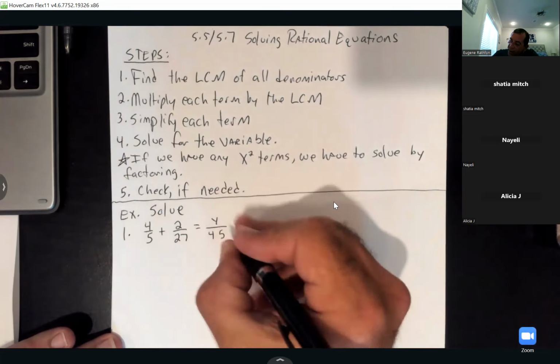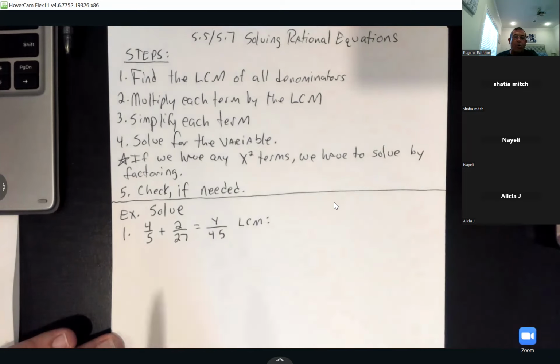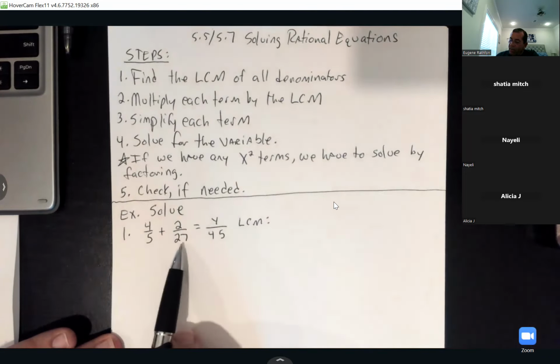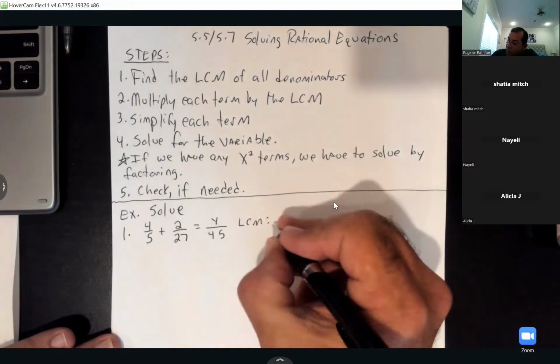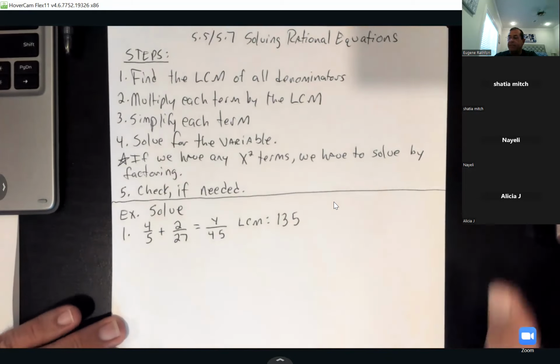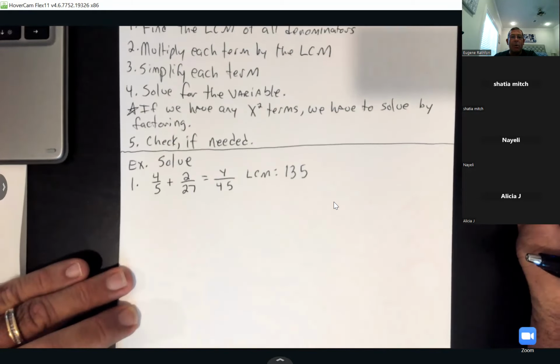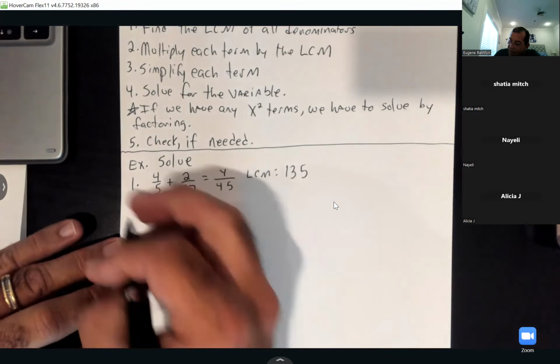All righty, so the first thing I've got to do is find the least common multiple of these numbers. If you did it on a calculator, remember I showed you how to find the least common multiple on the calculator. If you did 27 and 45, your least common multiple would be 135. But what we're going to do now is multiply all three parts by 135.